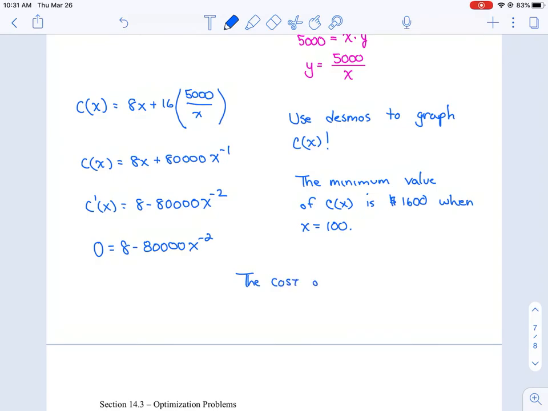So the cost of the least expensive fence is $1,600.